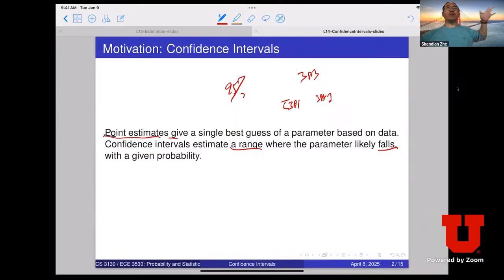And then I want to come up with a confidence interval, and I can claim that the ground truth will fall in this confidence interval with high probability. And then I can make a decision, right? Say I know with 95% chance tomorrow's stock price will fall in this range, and then I can decide whether I'm gonna invest all of my money or just a portion of it. That depends on how robust I am to the risk.